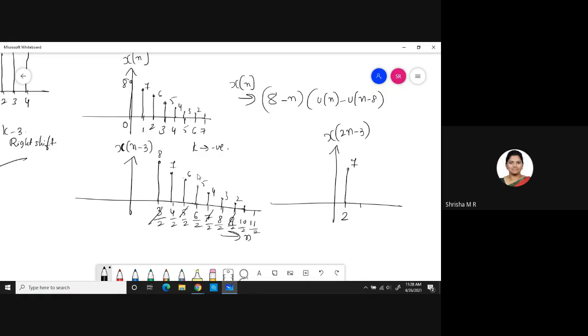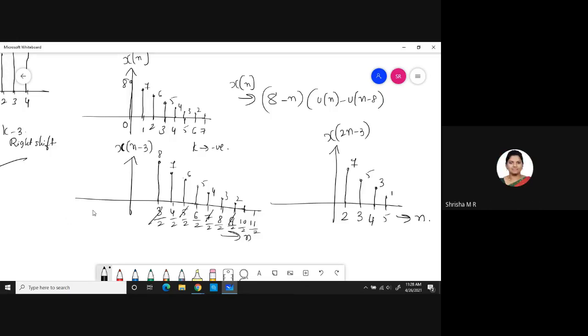Okay, then whatever is at 6 will go to 3, that is amplitude 5. Whatever is at 8 will go to 4, that is amplitude 3. And whatever is at 10 will go to 5, which is amplitude 1. Understood everyone? Scaling. Got it? Yes, ma'am.